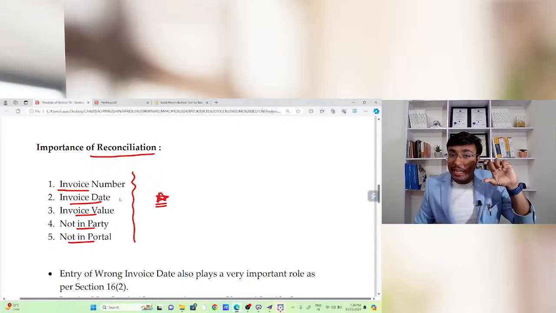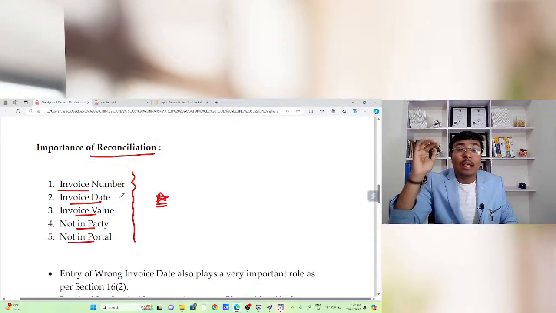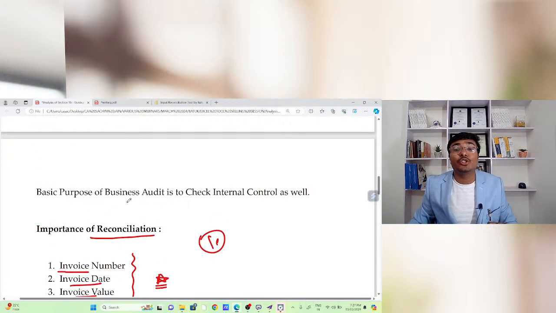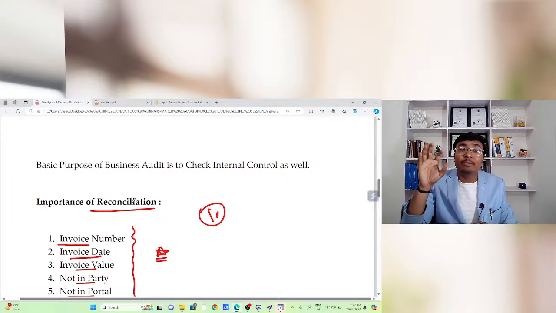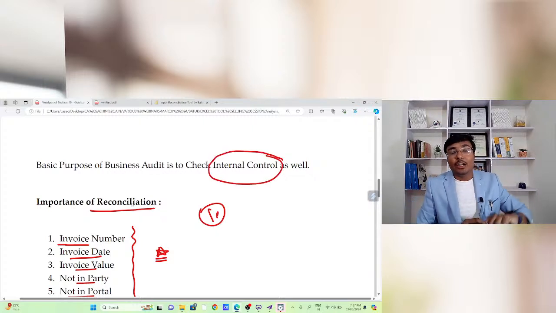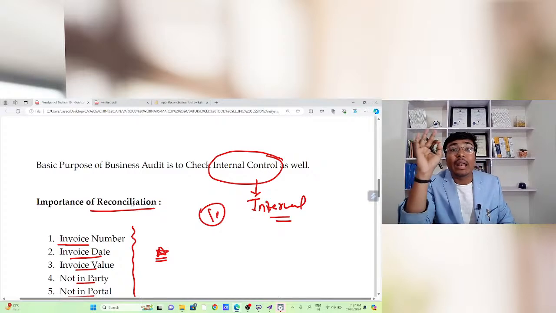Okay, so when we are filing the return, we just need to prepare a mechanism, a specific technique through which all these types of reconciliation should be ready, because now the government has a focus not only on the revenue leakages, but on the internal control as well. Okay, during the business audit, during the departmental audit, they are going to check the internal control as well. Okay, that is the point which is there.